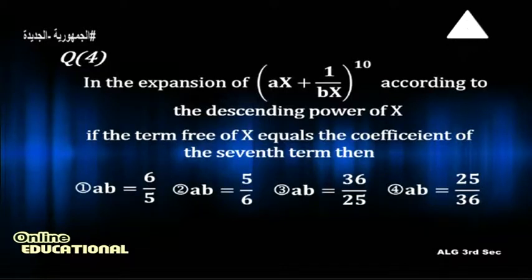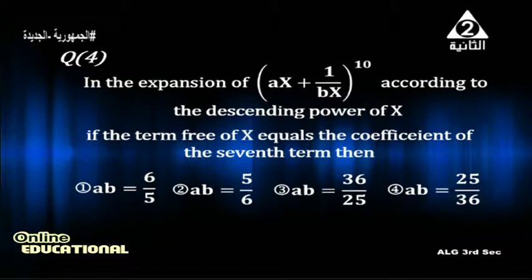Remember, my dear student, we have the expansion of (ax plus 1 over bx) to the power 10. What is the meaning of term free of x? Term free of x means x to the power 0, or the term which has no x.